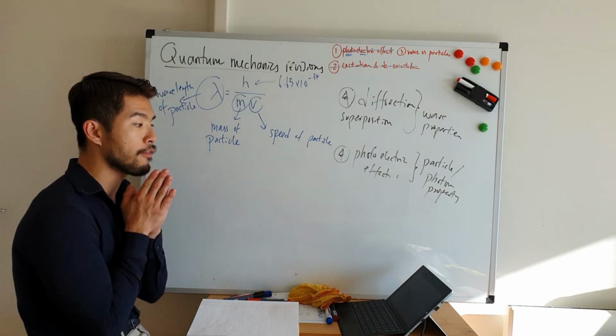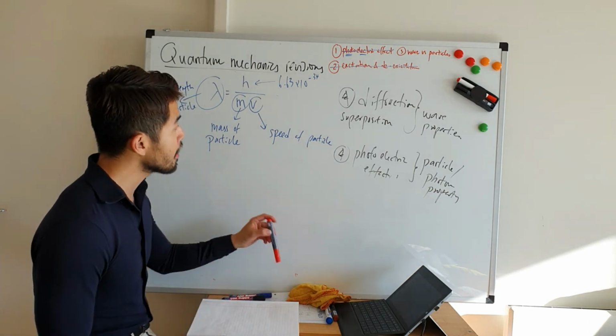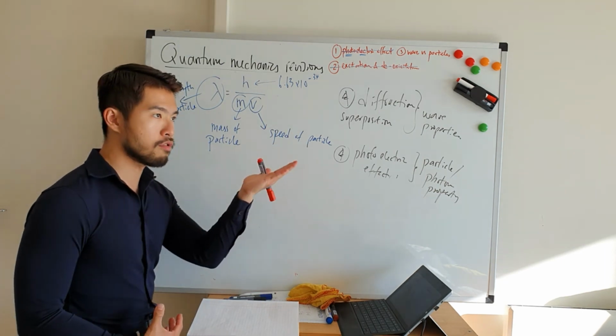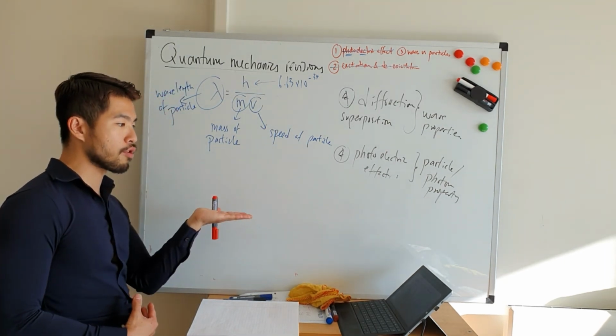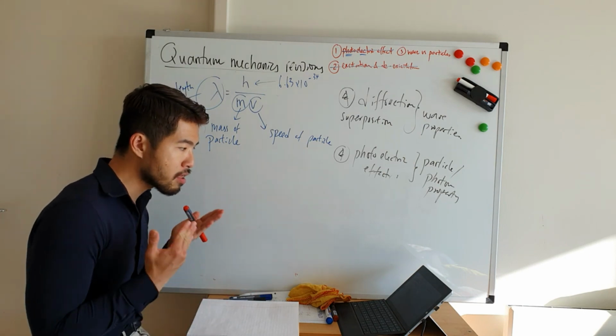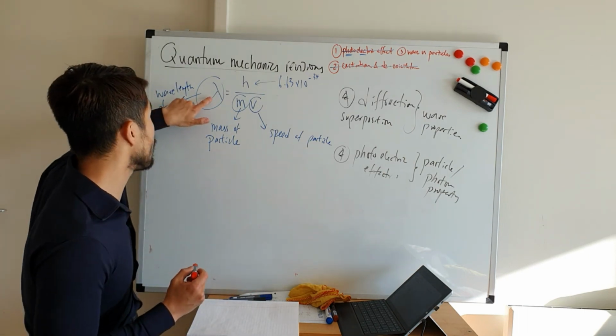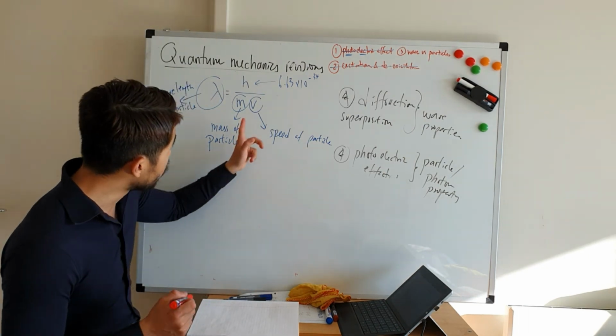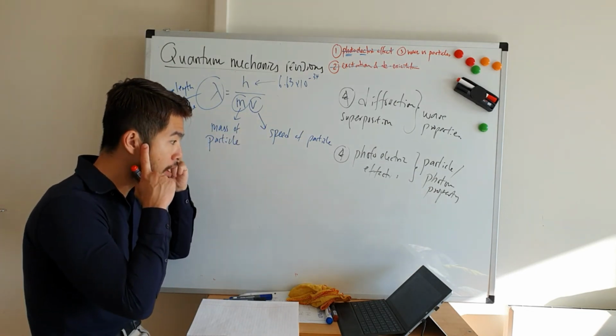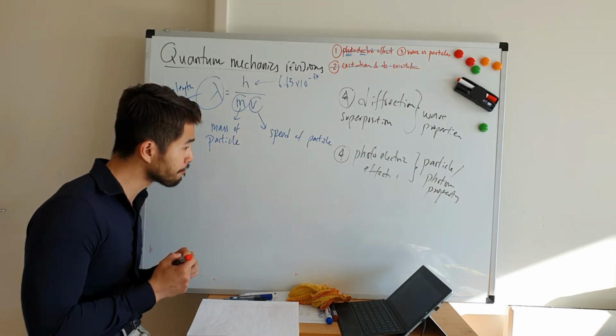What is the speed of the electron? So they're saying you have electrons and protons, and they all have the same wavelength.